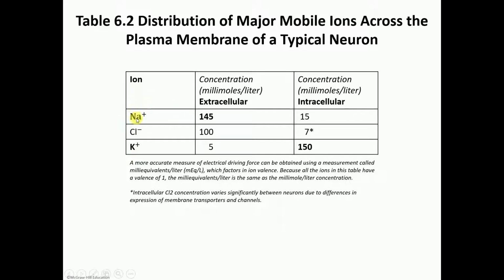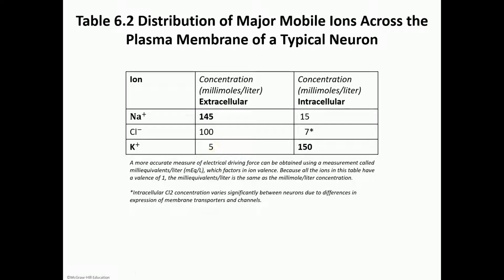Sodium, don't worry about the exact values. I'm showing these numbers for comparison. But on the outside, in the extracellular fluid, we have a lot more sodium than we do intracellularly. When you compare that to potassium, inside of the cell, there is a lot more potassium than there is outside of the cell.